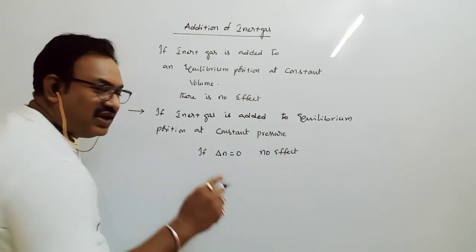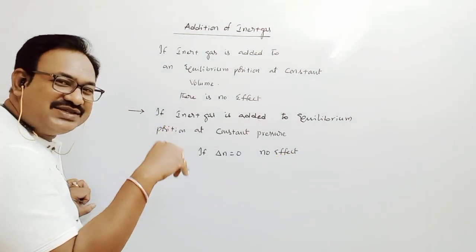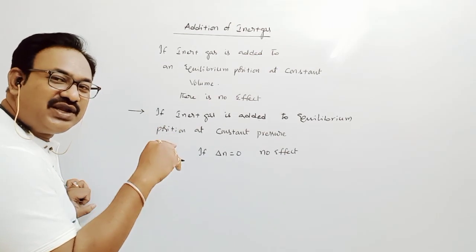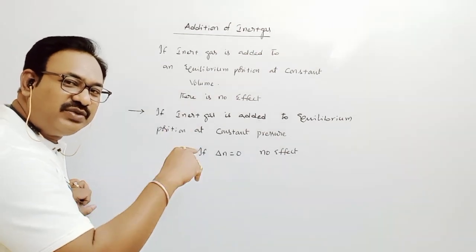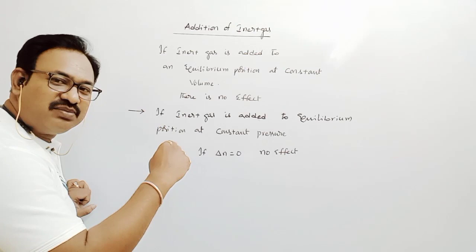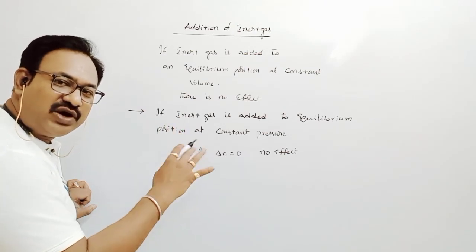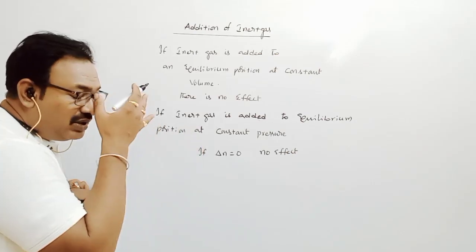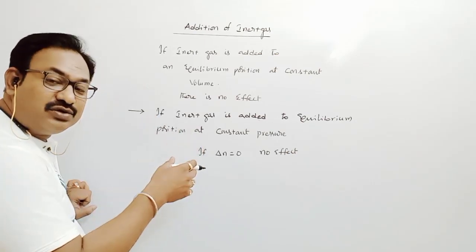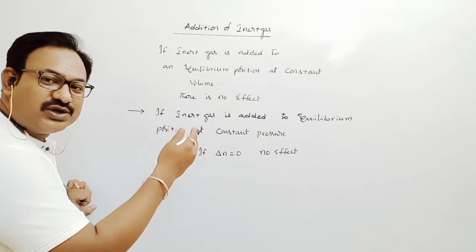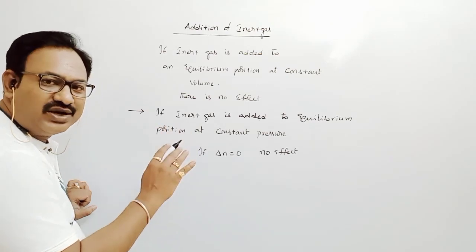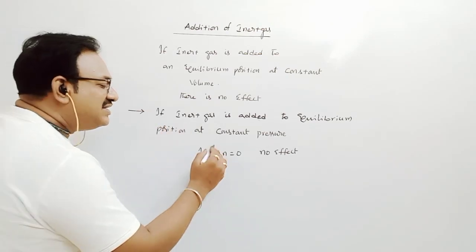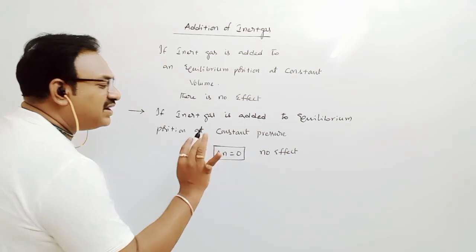In the same way, if we take the Kc expression, there is no volume term in the numerator or denominator. If you take Kp also, there is no volume or pressure term in the numerator or denominator. That's why if delta n is 0, there is no effect.